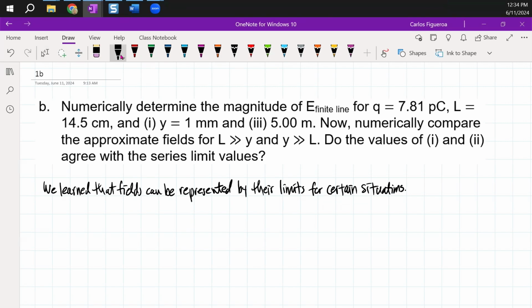In one situation, we saw that in the limit as L was much, much bigger than Y, we could take the result of the finite line and replace it with an approximate value for an infinite line.